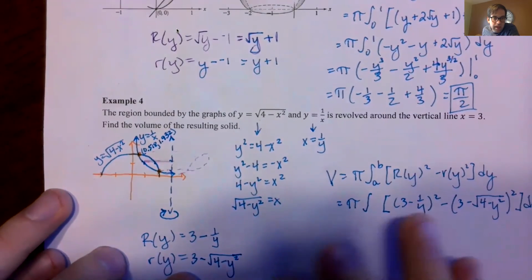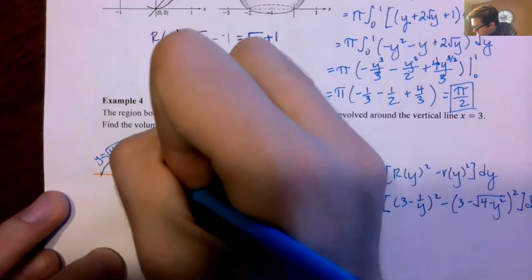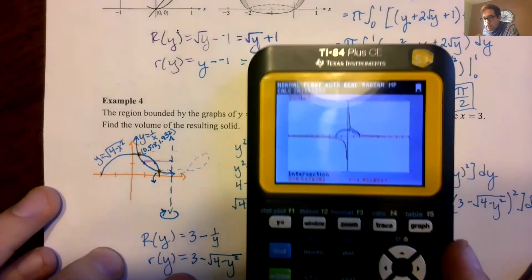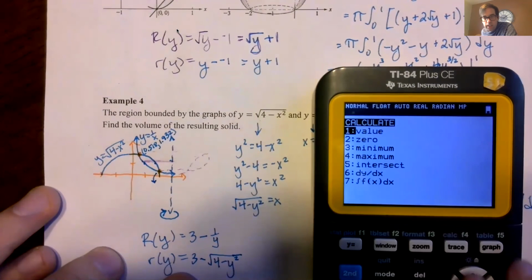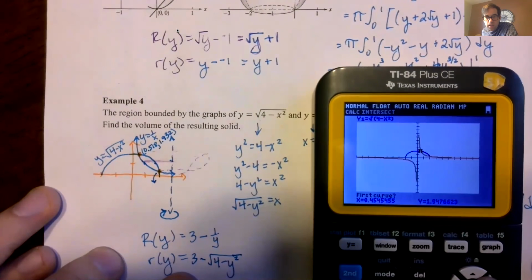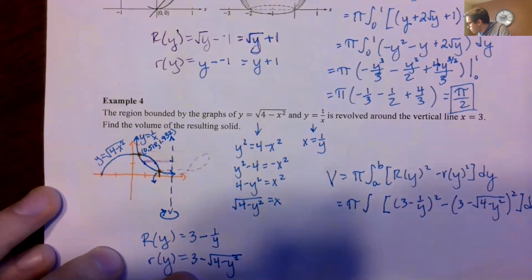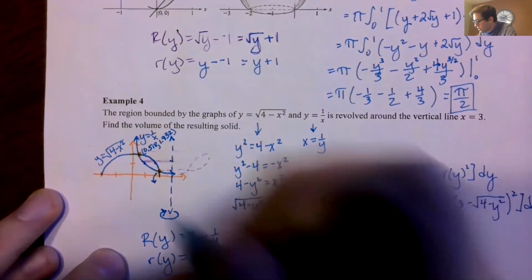That's that point up there, and then this point down here. I'm going to write it down here. Let's find it. So we got second trace, intersect down here. 1.932, 0.518.